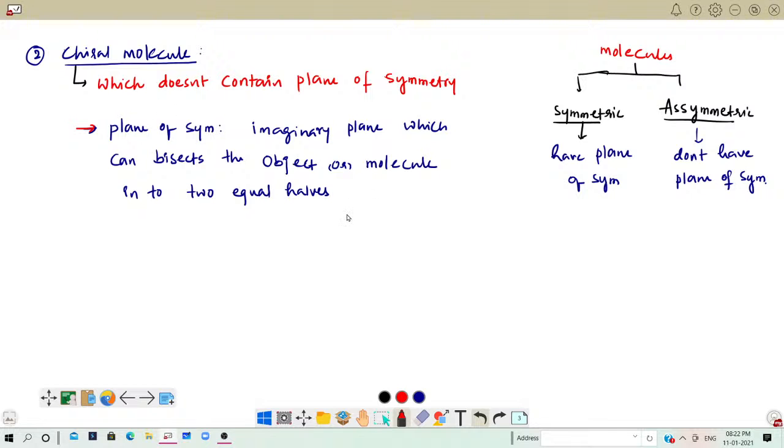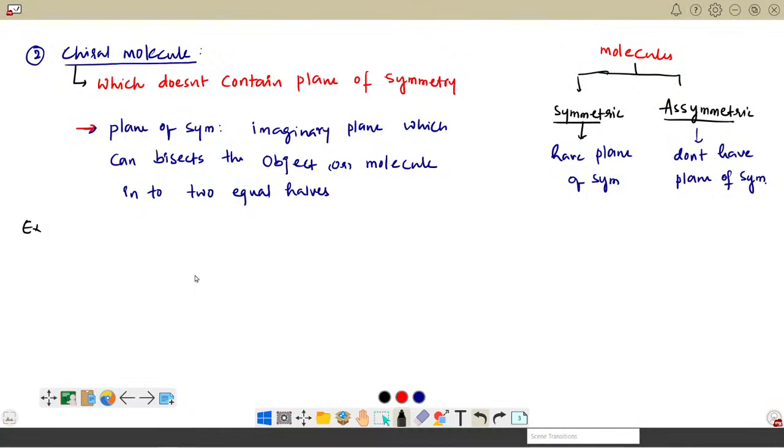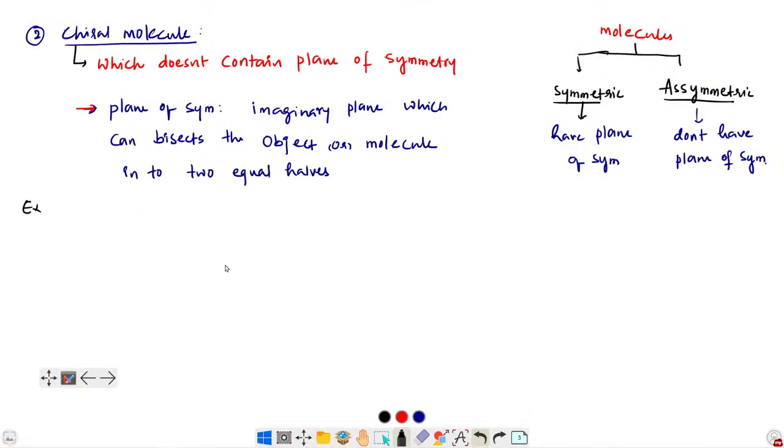what, chiral molecule. Example, if I write a simple example to make you understand. Like if I write letter A, can we divide the object into two equal halves?